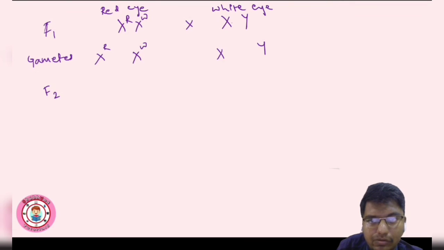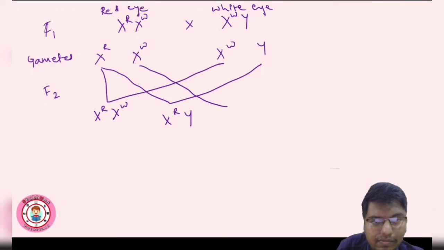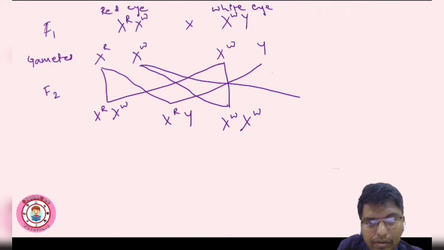White eye, so here W, and this is also W here. Then see, XR XW, again XR Y, then this Y W, and again XW.